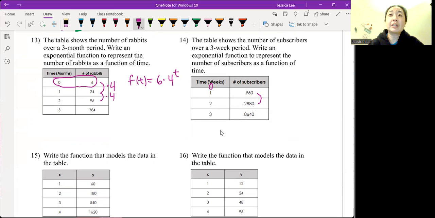So B is equal to 2880, divided by the previous one, which is 960. Then we use our calculator and go 2880 divided by 960.